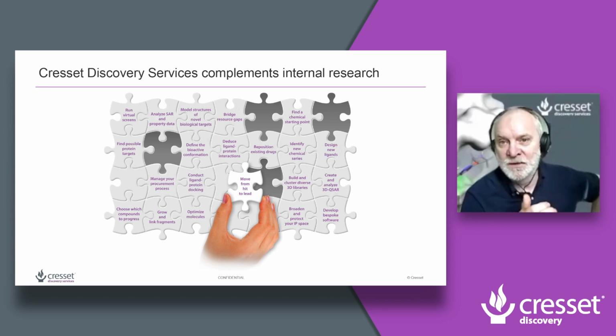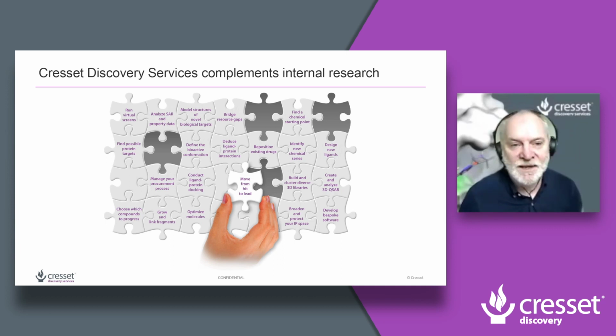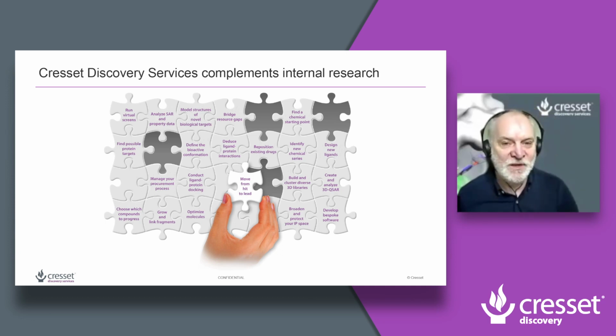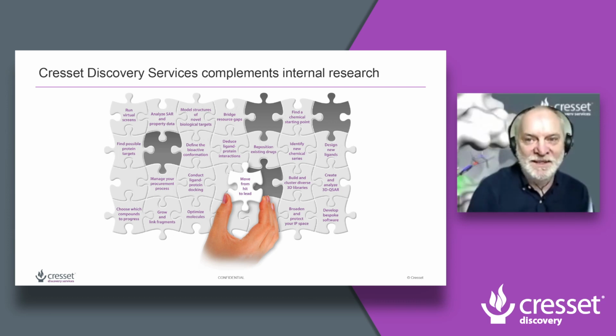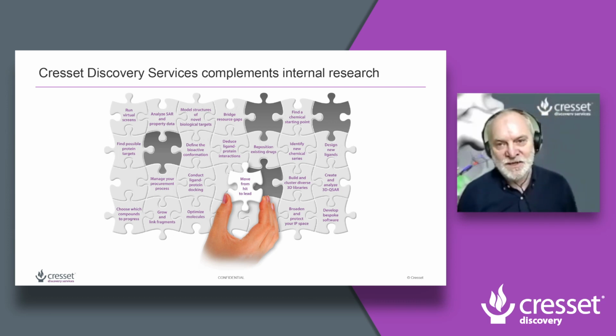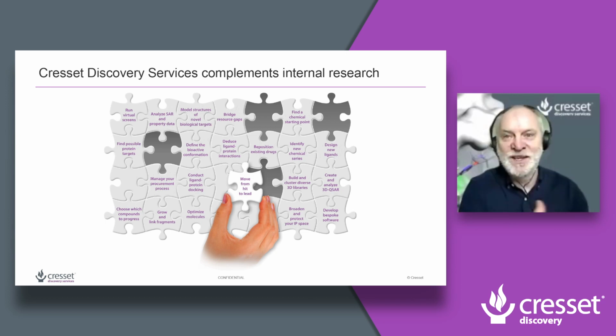We also do molecular modeling on protein, so homology modeling, for instance, and QSAR analyses. There are lots of things which you can read on the slide. This jigsaw was meant to show you that there are gaps, demonstrating that there are things that we may not be able to do right now. We're developing things all the time within the software division, and those filter back into the Cresset Discovery Services part of the organization, and we can deploy those.